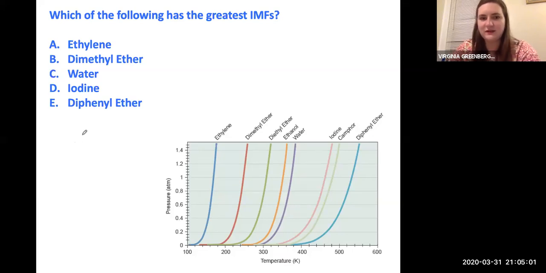And if molecules are held together more tightly, they'll be less likely to jump out and cause that vapor pressure. So we'll see that as we increase our intermolecular forces, we will decrease vapor pressure and increase boiling point.